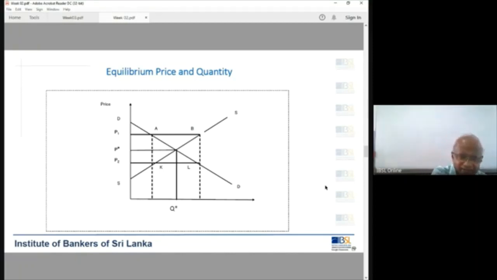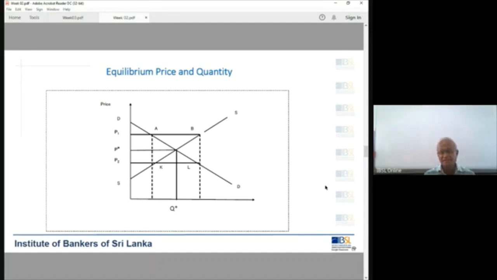At A, consumers' demand decreases from Q star to this point. Suppliers are happy, their supply increases from Q star to this point. Suppliers are happy, consumers are sad. Suppliers want to supply more, and consumers want to buy less. Then there will be excess supply.